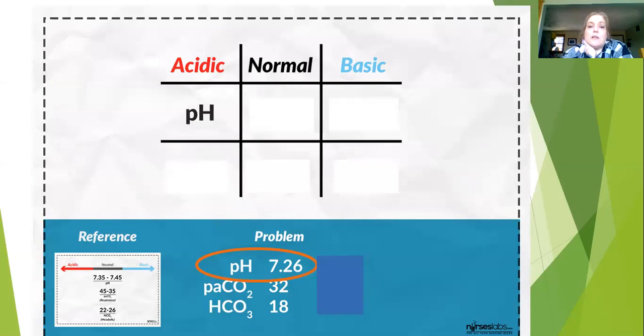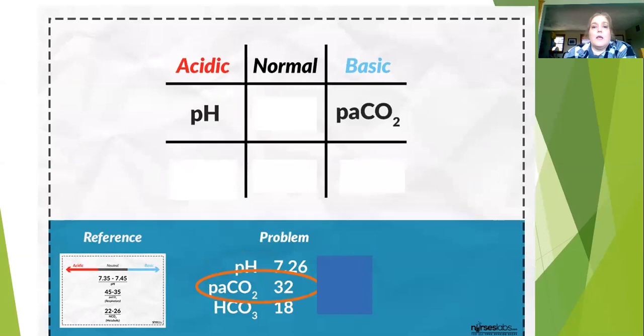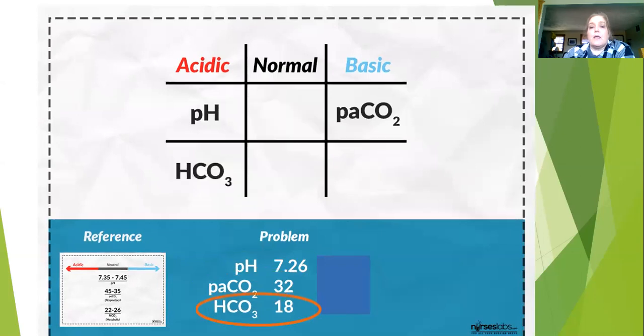So a pH of 7.26 is acidic, so we're going to put it in the acid column. A PaCO2 of 32 is less than 35, so that actually puts it on the basic side, so we're going to write that there. And then a bicarb of 18 is acidic. It is less than 22, so it falls on the acid side of the table. So we write this down.